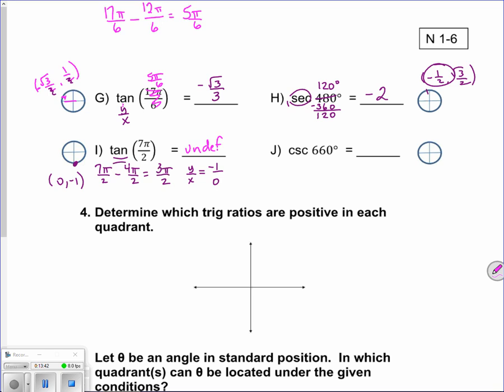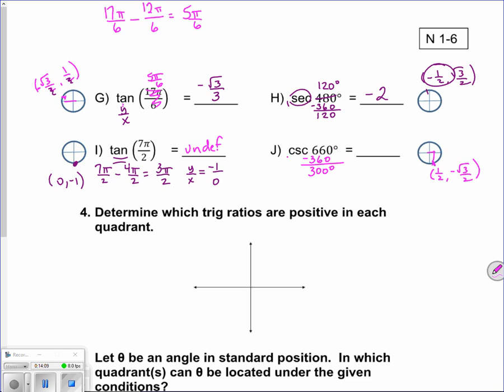And 660, well, let's subtract 360. We made it fairly easy for you. 300. So that's really asking the cosecant of 300 degrees. Well, where is 300? Well, that's 270. 300 is going to be right there. What's the ordered pair? 1/2, negative square root 3 over 2, positive x, negative y.